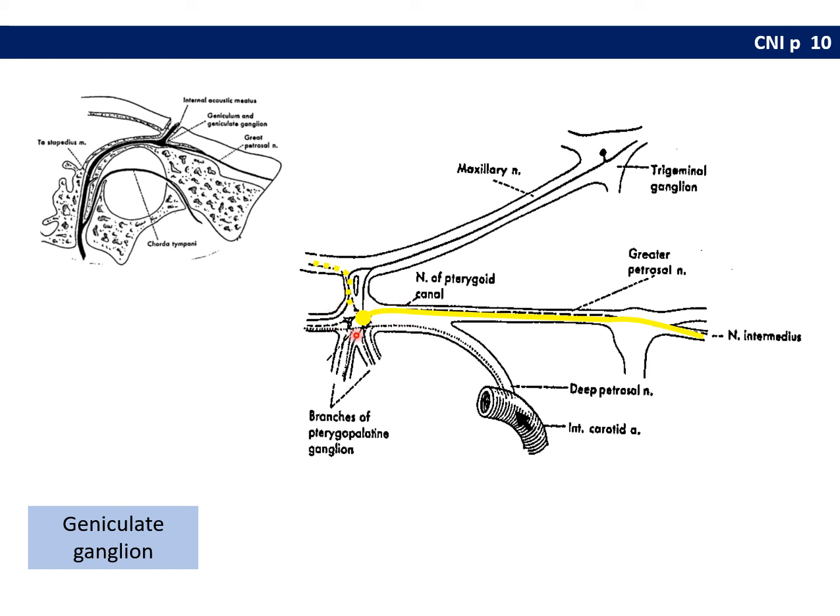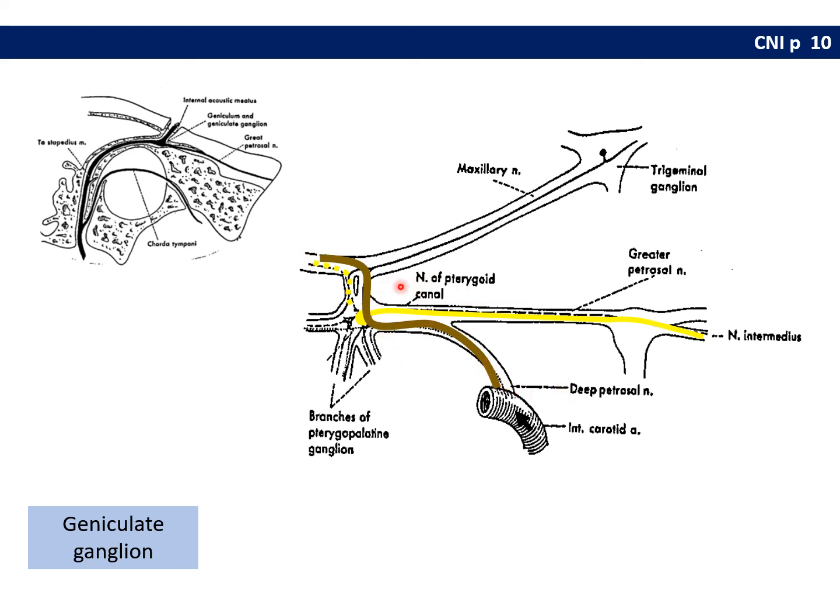It does all of that to get to the pterygopalatine ganglia, where those cells synapse, and then postganglionic parasympathetic fibers can go on to get to the lacrimal gland, for instance.